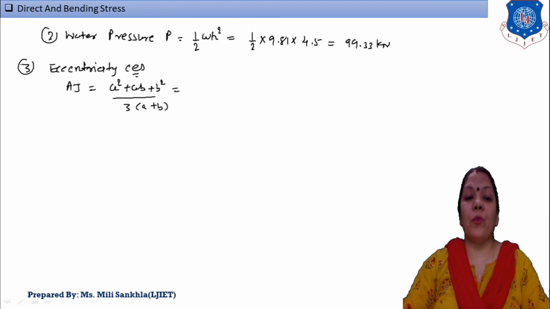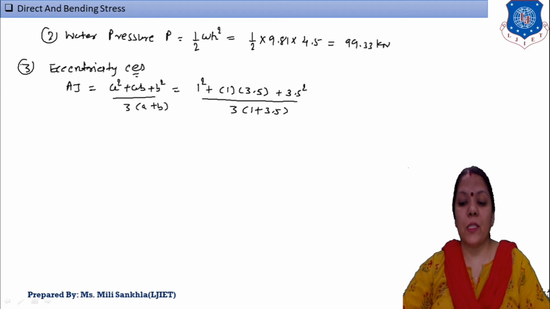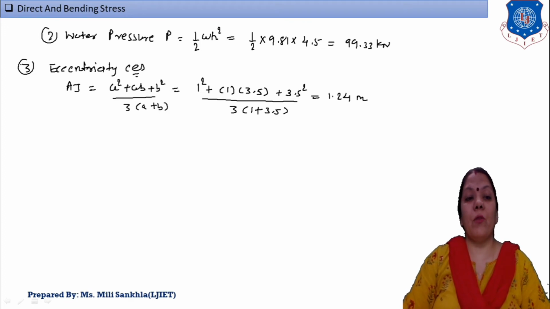Now one by one put the value. a is equal to 1, B is equal to 3.5, so 1 square plus 1 into 3.5 plus 3.5 square divide by 3 into (1 plus 3.5), and my answer of this AJ is equal to 1.24 meter.